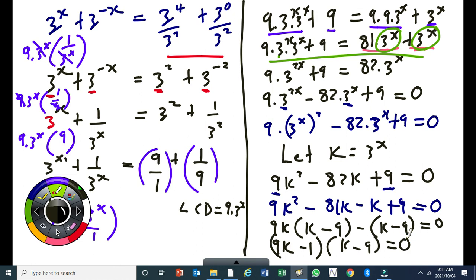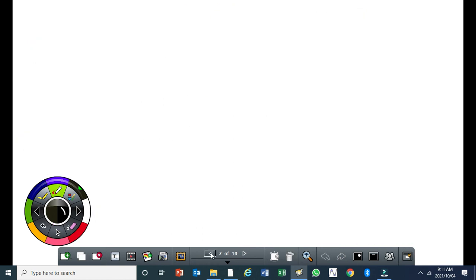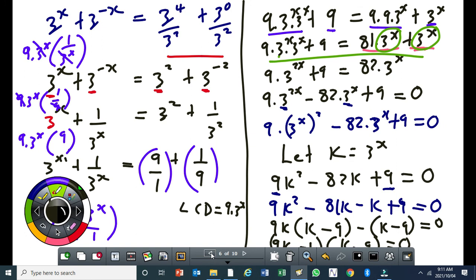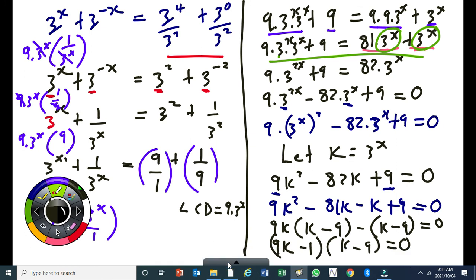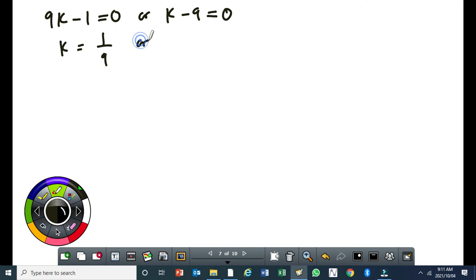If I go to the next page now, I'm still solving for k, but remember, the objective is to solve for x. So this is 9k minus 1, that's k minus 9. So that will give me 9k minus 1 equals 0, or k minus 9 equals 0. So this will give me k equal to 1 over 9, and the other will give me k equal to 9.